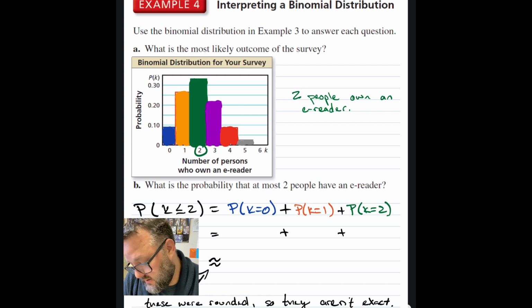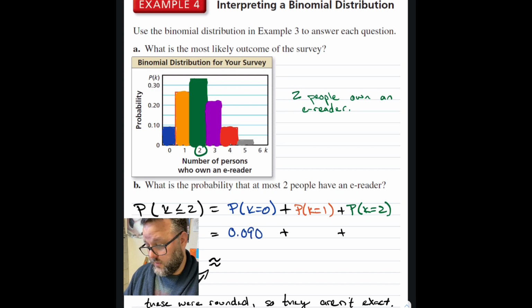If I take the probability of nobody has an e-reader, and the probability of one person has an e-reader, and the probability of 2 people have an e-reader, that's the same thing as finding the probability of at most 2 people having an e-reader. And the probability that there were 0 people who owned an e-reader is 0.090.